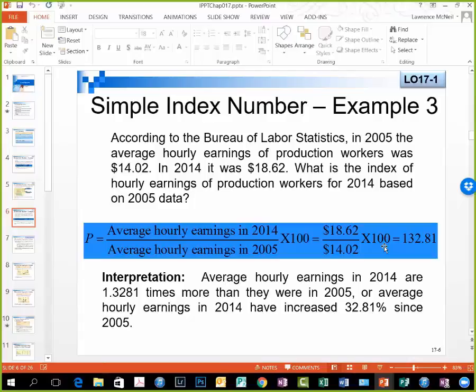However, if you just want to know one number relative to another, then the denominator in that case could be anything, because you want to know something relative to another. But usually it's the later year over the earlier year.